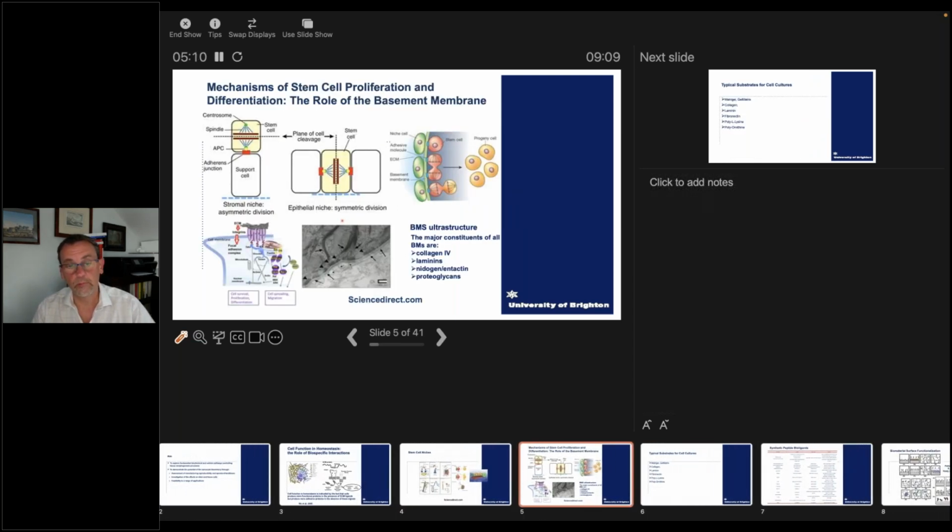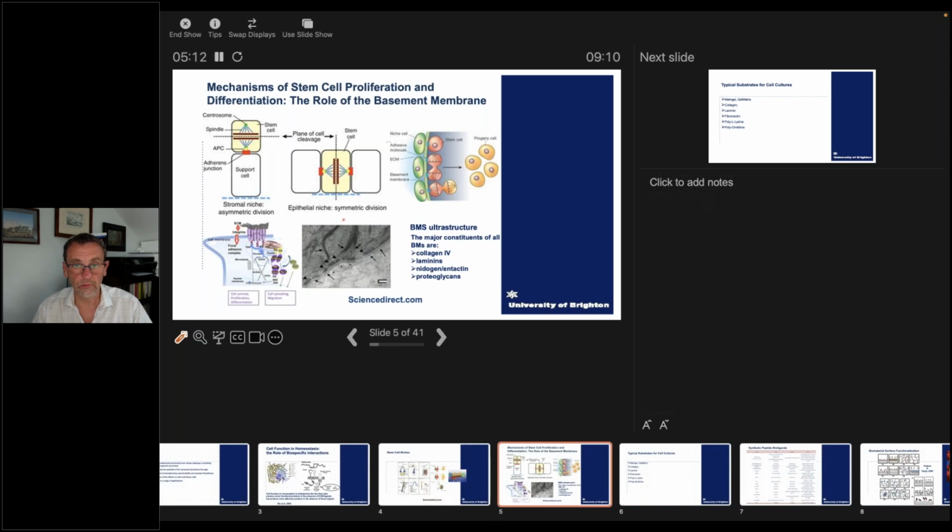And the common denominator of interest to us today is the basement membrane. The basement membrane, as we know, is made of different macromolecules, but today I would like to bring to your attention two in particular.